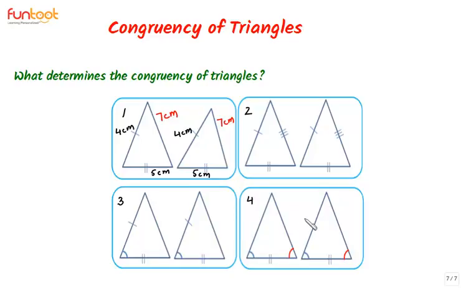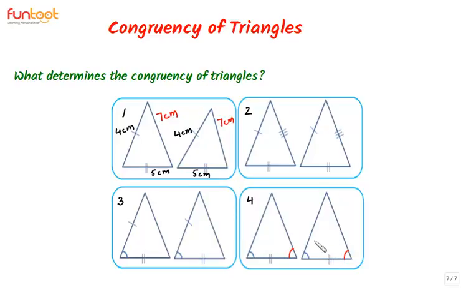Let's take the fourth case. What do we have here? Here we have two corresponding angles are equal. That means this angle is equal to this angle and this angle is equal to this angle. Also, the included side is also equal. So that means this side is equal to this side.